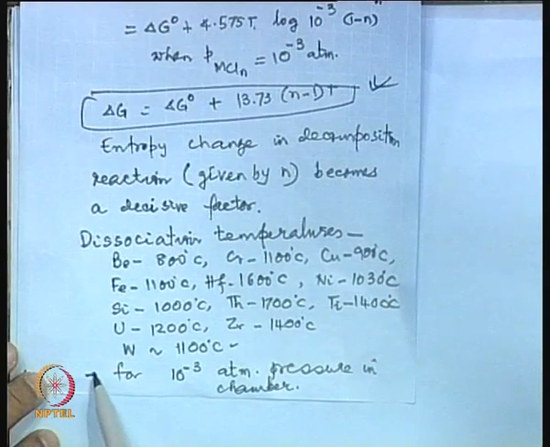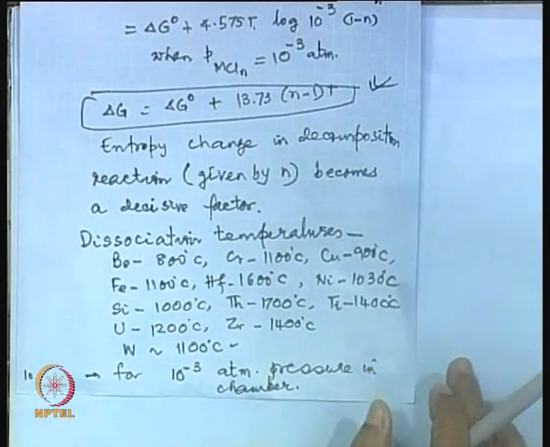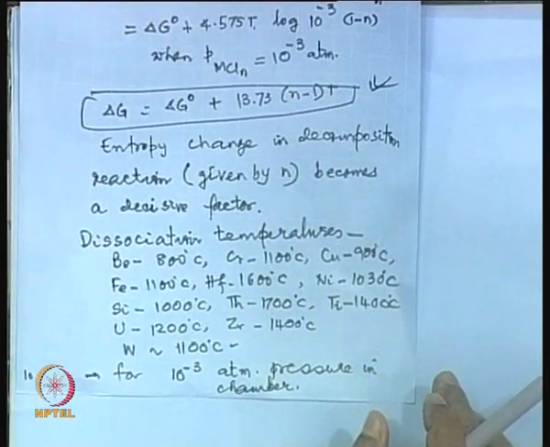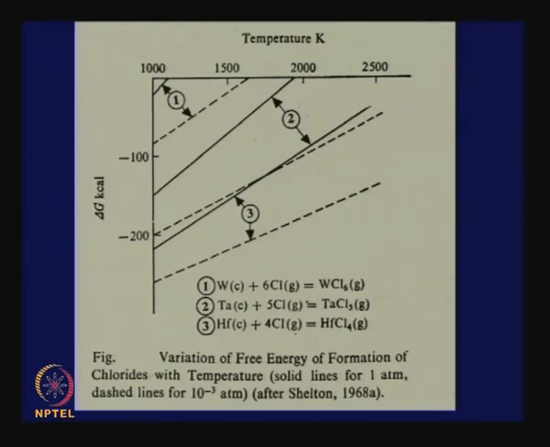This is all for 10 to the power minus 3 atmospheric pressure, because if you change the pressure from this to that, then actually we are creating a problem for us. If we look at the solid line, this is for 10 to the power minus 3. Now, the solid lines are for 1 atmosphere and dashed lines are 10 to the minus 3.